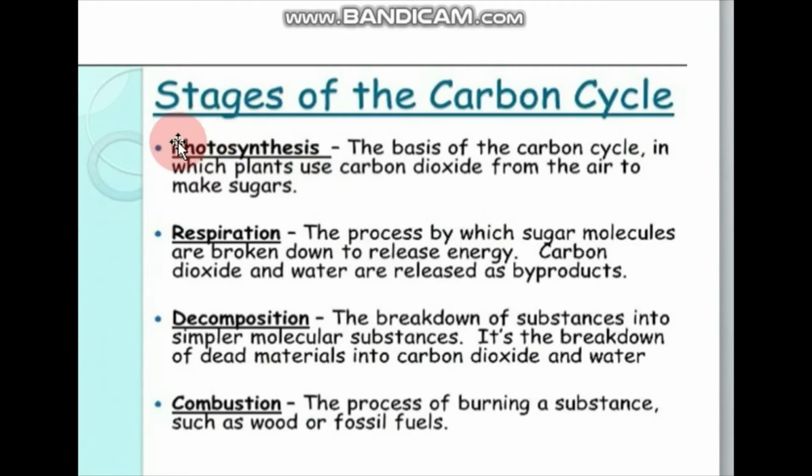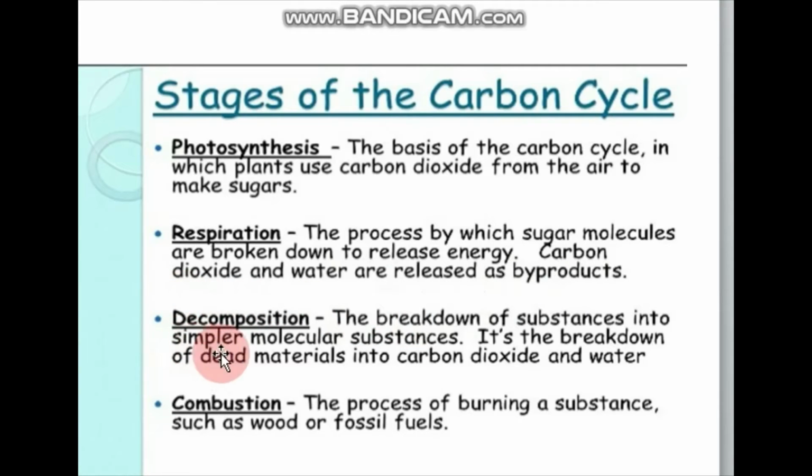These 4 stages are: photosynthesis, which forms the basis of the carbon cycle, in which plants use carbon dioxide from the air to make sugars or food. Respiration, the process by which sugar molecules are broken down to release energy. Carbon dioxide and water are released as byproducts.